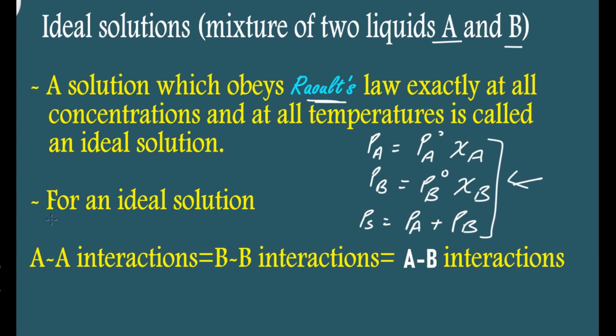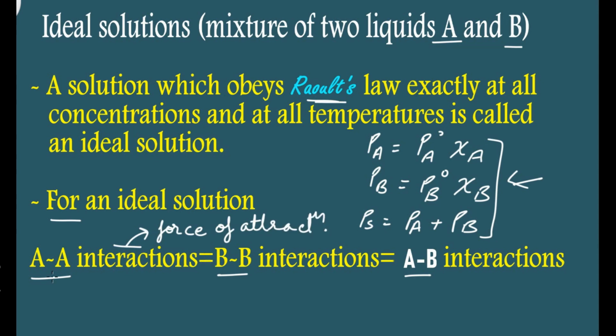Now, in an ideal solution, AA interaction is equal to BB interaction is equal to AB interaction. First of all, remember it for the upcoming videos also. Whenever I talk about the term interaction, it means I am talking about the force of attraction between particles.